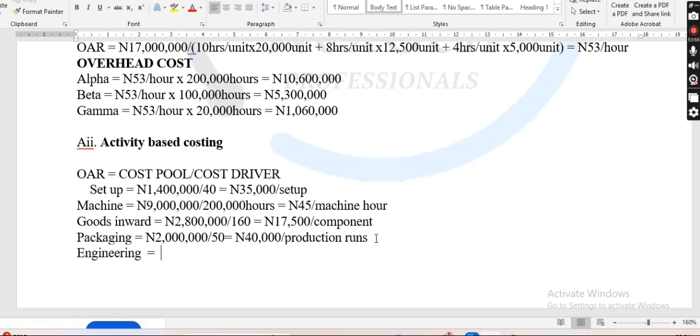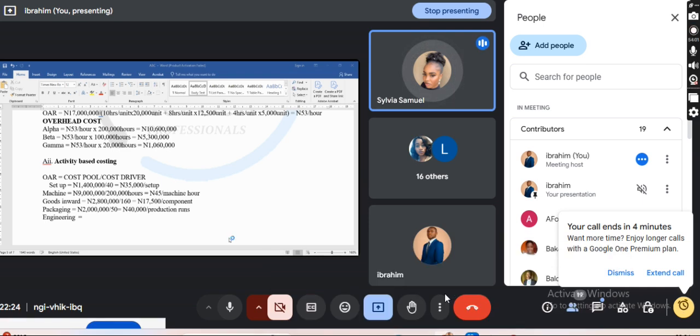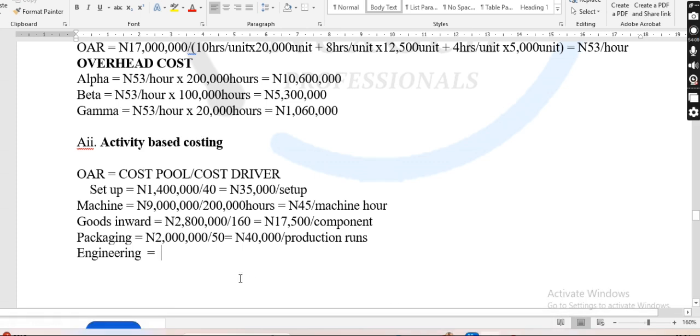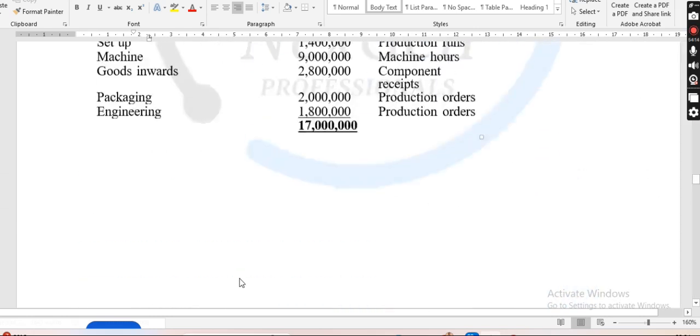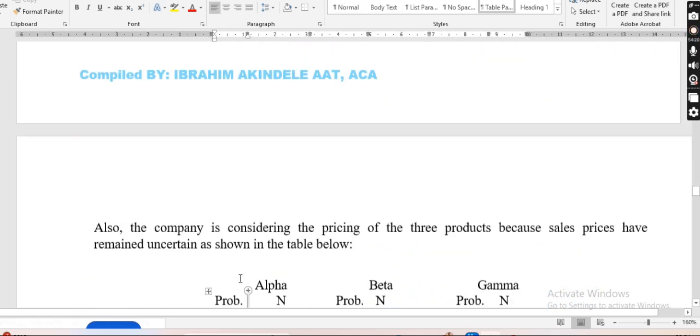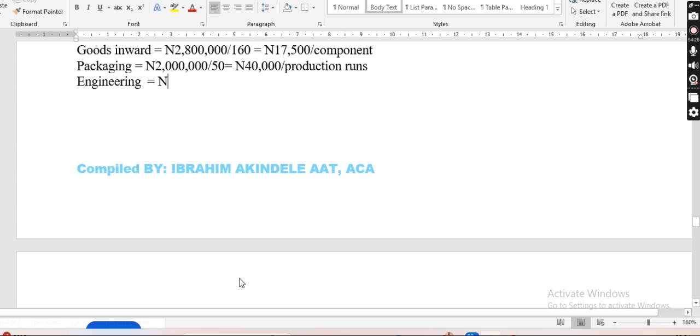What is the cost? 1,800,000. Right? So this is based on production orders, right?